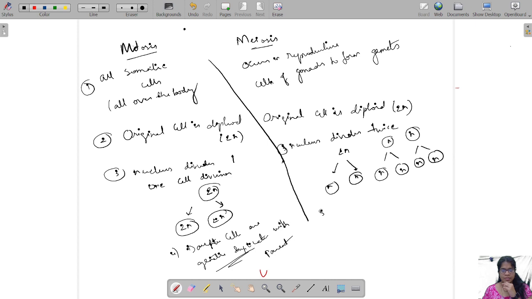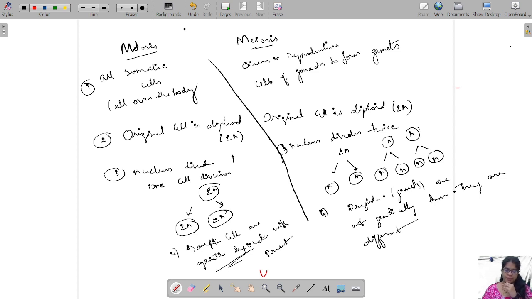But that is not the same in meiosis, where they are not genetically the same. They are different, I can say.